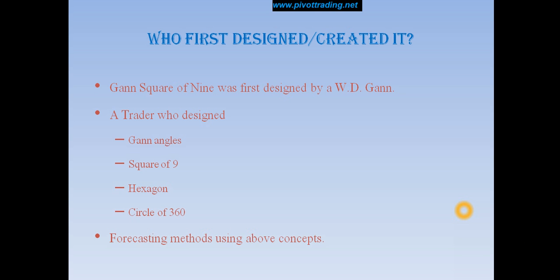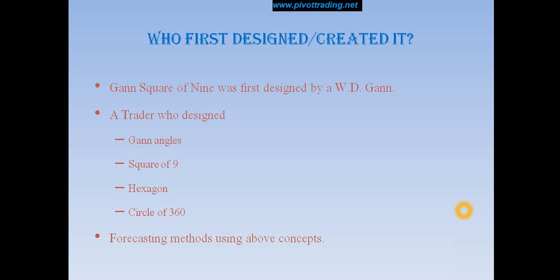Let us look at who designed the Gann Square of 9. It was first discovered, designed or created by W.D. Gann, William Delbert Gann. He was a trader who designed his own trading strategies, not only for intraday but for positional and long-term trading, based on various parameters.